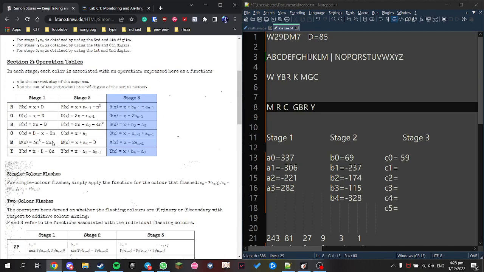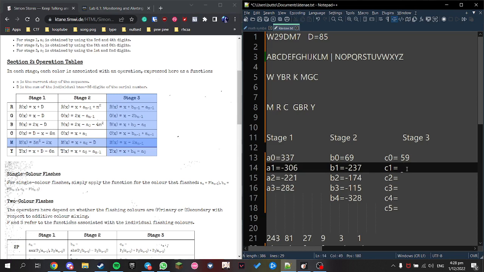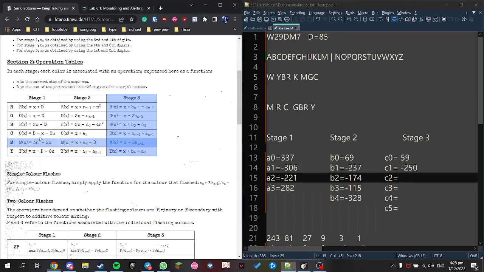So let's start with magenta. So that's 59 minus 2 of 337. The numbers are very negative in this one. So negative 215 here. Next would be red. So that'll be negative 250 plus negative 237 minus negative 306.